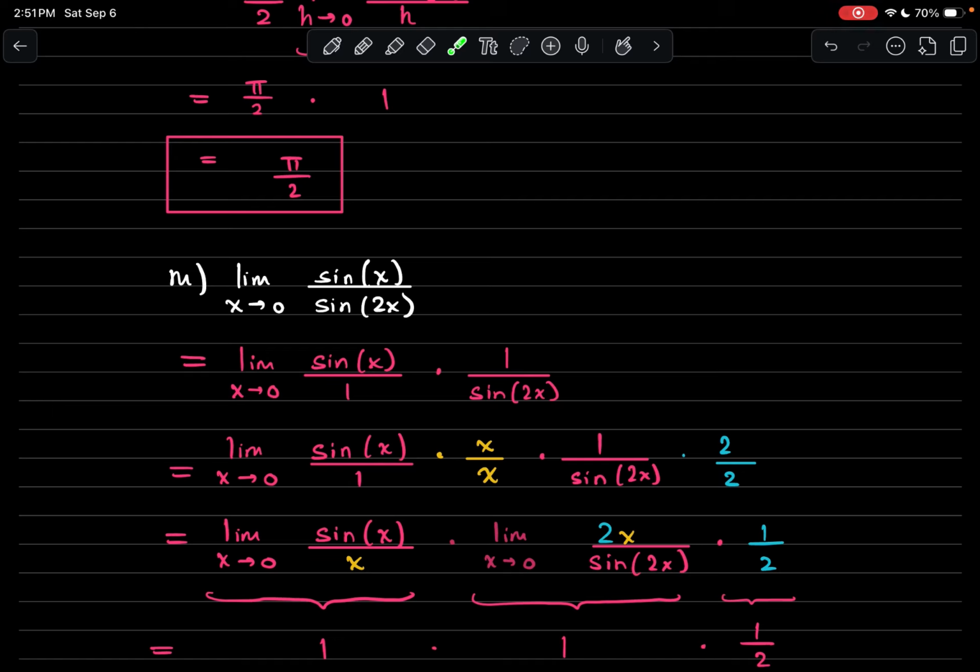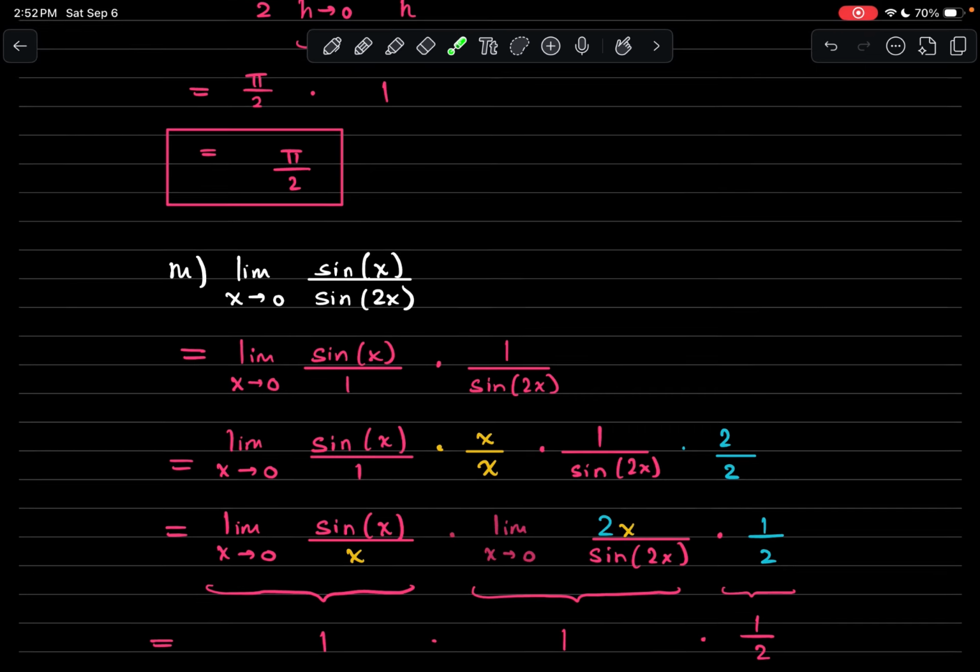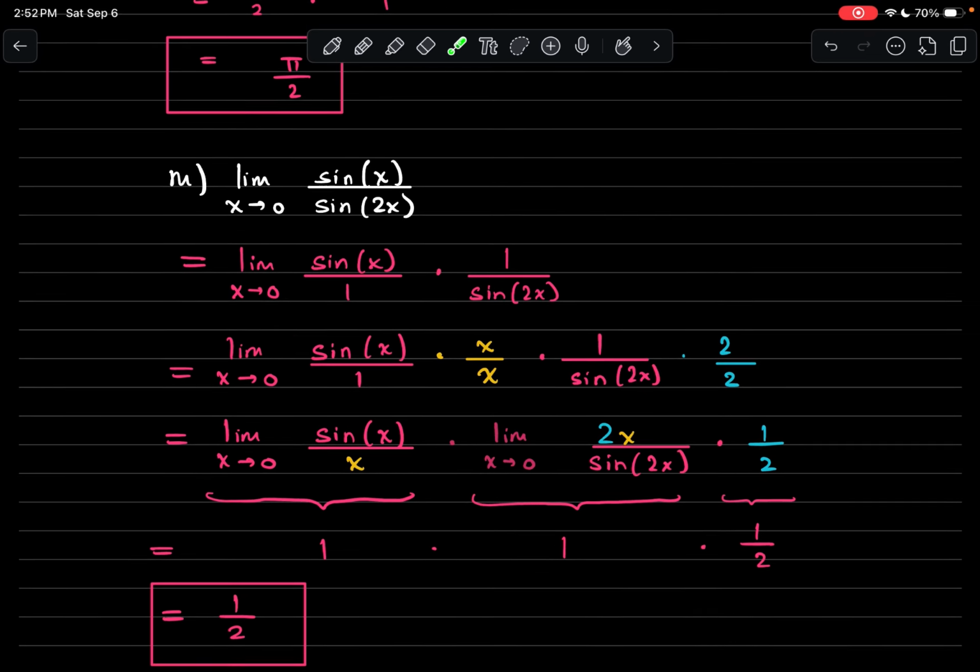So although this is x approaches 0, it still means that 2 times x is going to go to 0. So it doesn't matter if this is x or 2x. You can just think of this whole thing as a u. And that's what's happening here. And then we just have that leftover 1/2 at the end. So this entire limit comes out to 1/2.